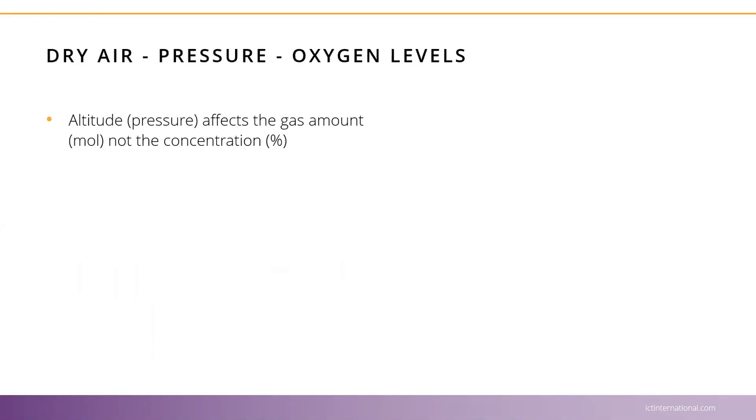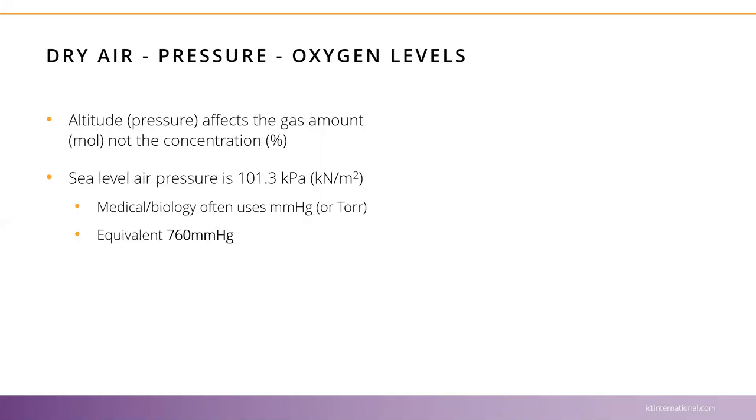This actually means that although the gas composition percentage-wise is the same in the Himalayas as it is at sea level, approximately, the amount of oxygen present in the Himalayas is not the same as the literal molar amount at sea level. For that, you need to understand, of course, more mass on top will give you more pressure. And at sea level, air pressure is approximately 101 kilopascals.